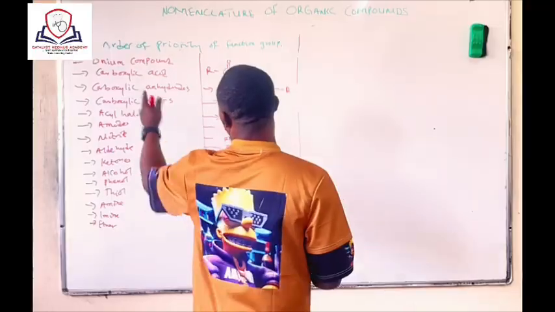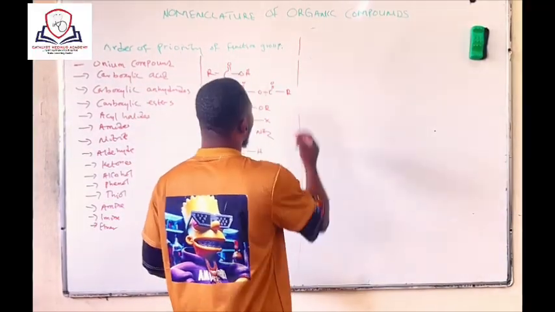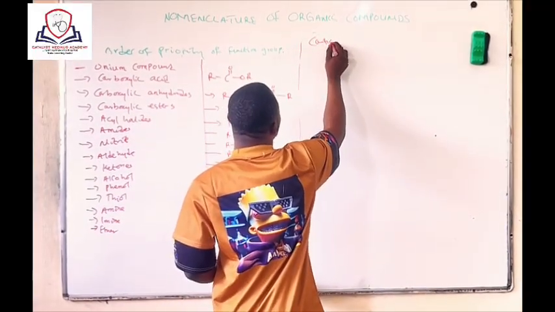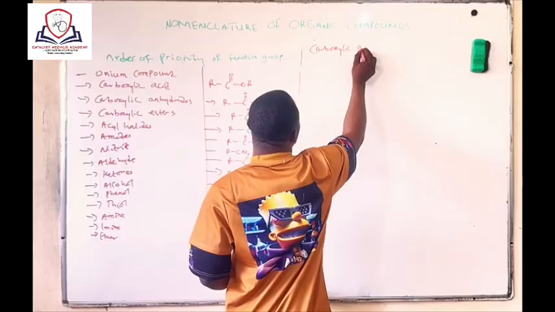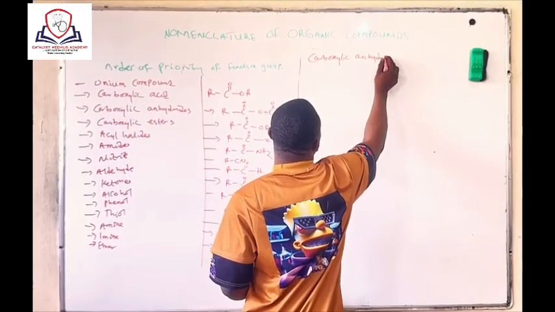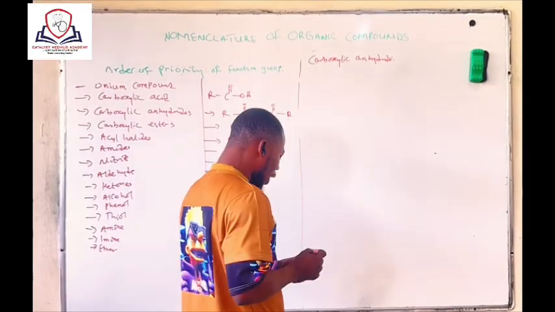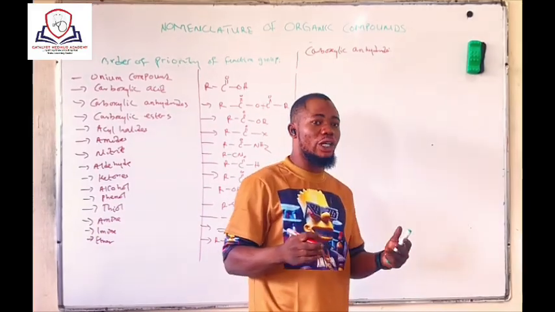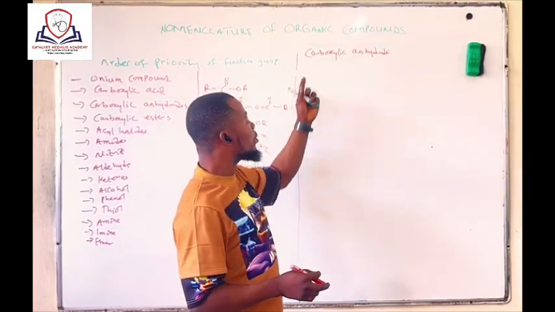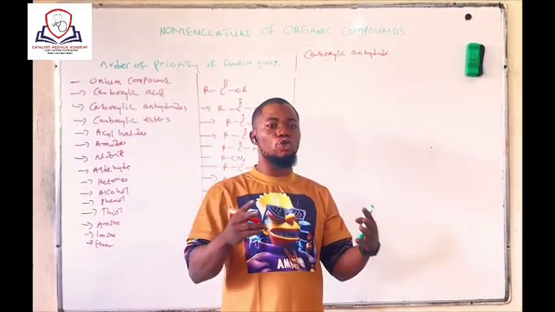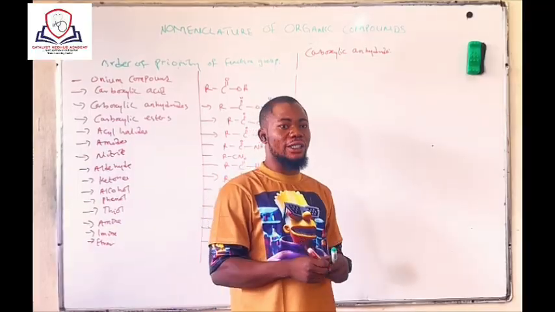Up next is carboxylic anhydride. We should know that anhydride simply means removal of water. Carboxylic anhydride is formed by removal of water between two carboxylic acids.